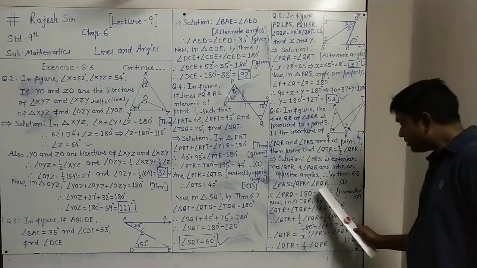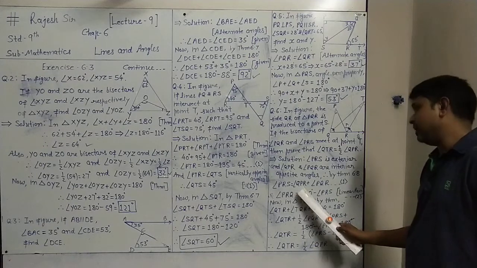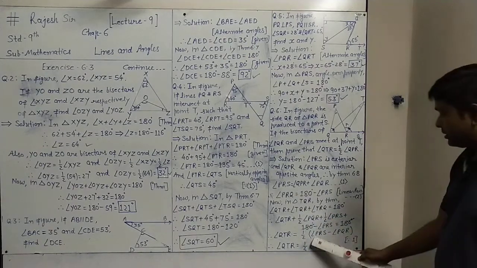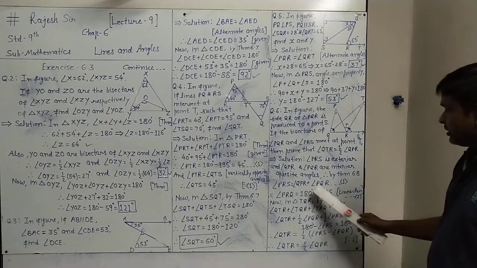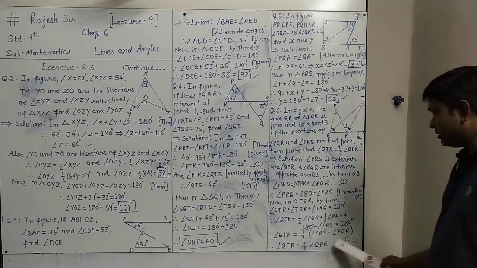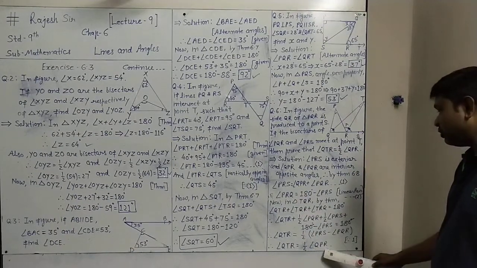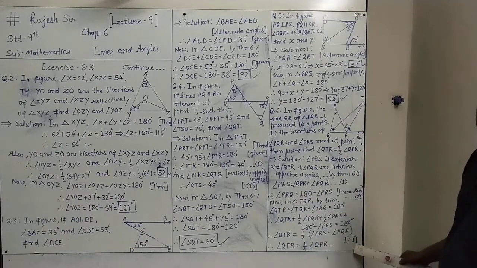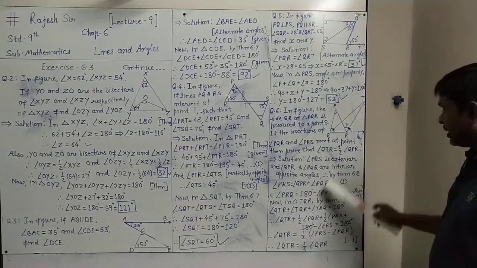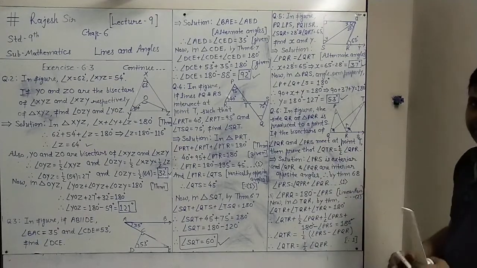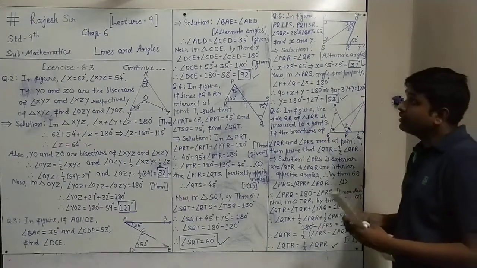So this bracket shows angle QPR, and we have written the reason also. This way angle QTR equals half angle QPR, we get finally. So this is our answer.